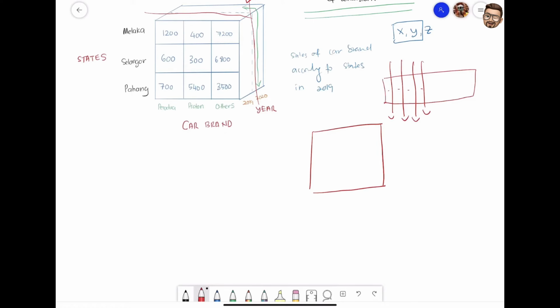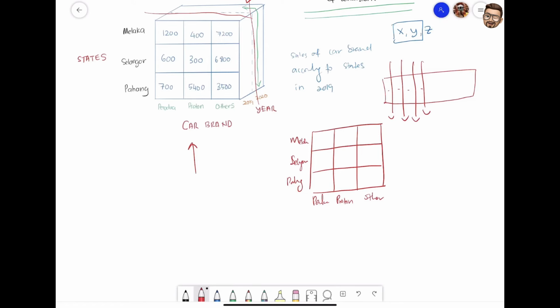So when we have the slice, what is the result? As I said, we will have only x and y. So if we slice this data cube, this is what we will get. Melaka, Selangor, Pahang on one axis, and Perodua, Proton, and others on the other, so you need to label the x and y. We don't have the Z anymore, because if you have the Z, it is still a data cube.